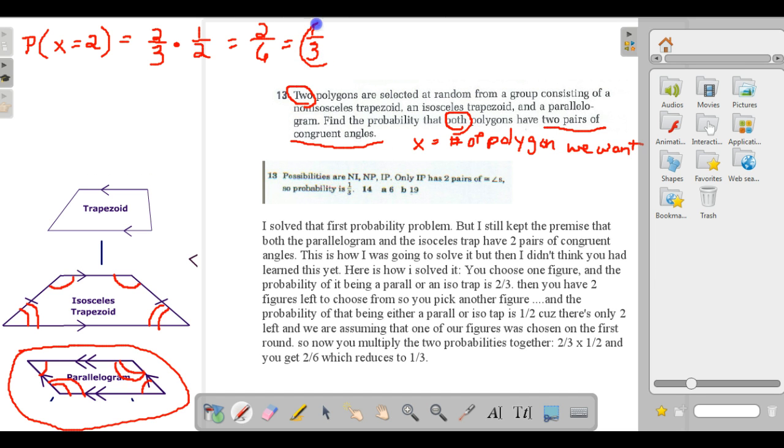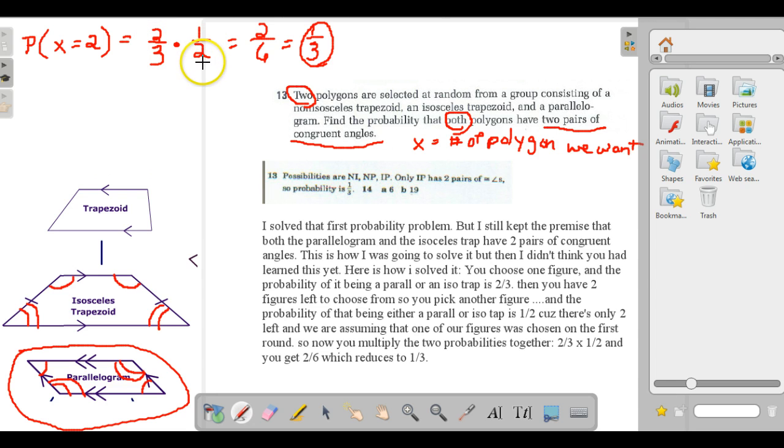And so that's the probability of getting both polygons if you chose 2 out of the 3. Like I was saying, 1/3 is smaller than 2/3, and 1/3 is smaller than 1/2. So it should make sense that it is a smaller probability to have both of them rather than one separately.